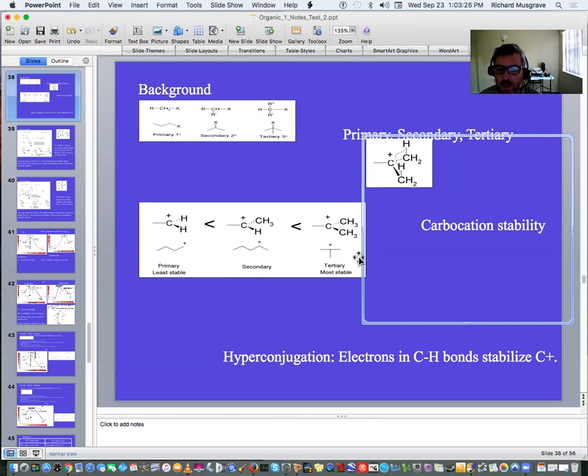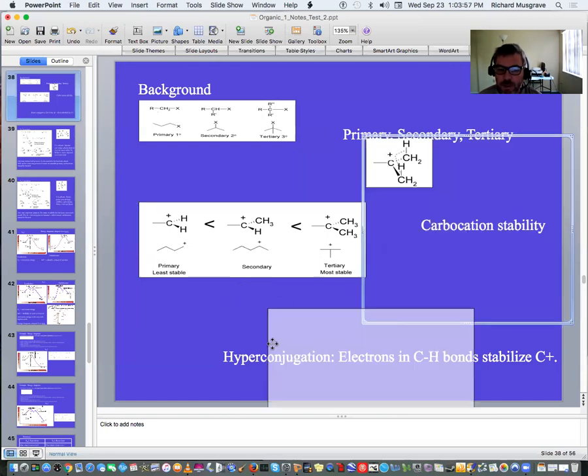What's happening with the tertiary is that it has these CH bonds that are adjacent to the C+, and those CH bonds contain electrons, and those electrons can help stabilize the positive charge on that carbon atom. So any C that has 3 Cs connected to it tends to be more stable as a C+ than a C, for example, that only has 1 C connected to it.